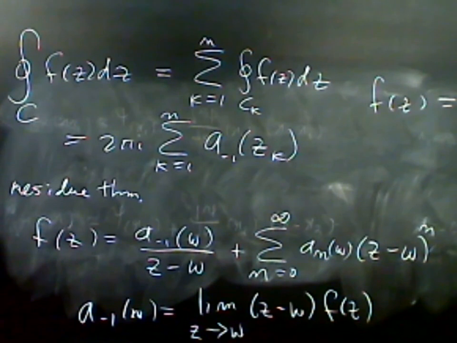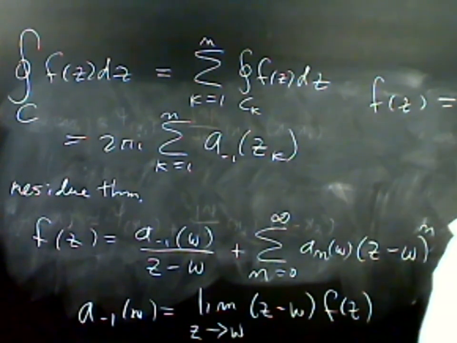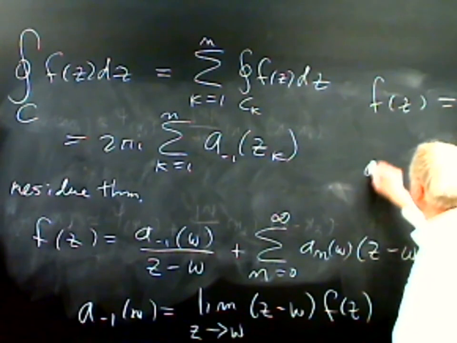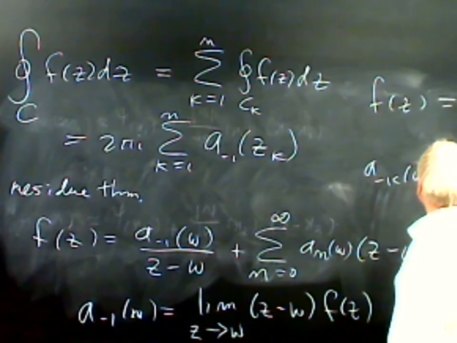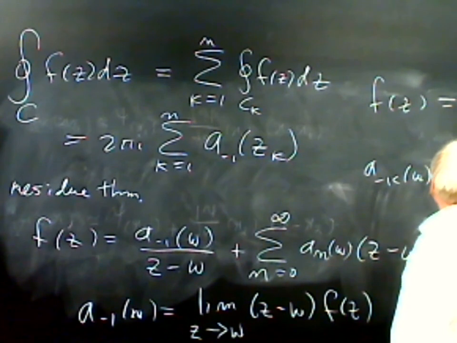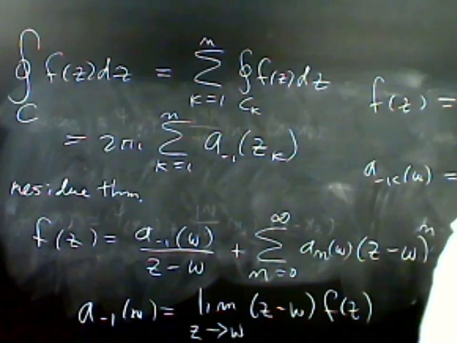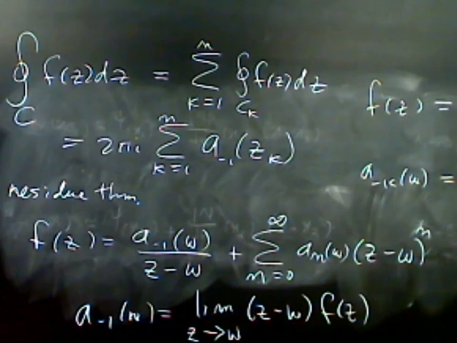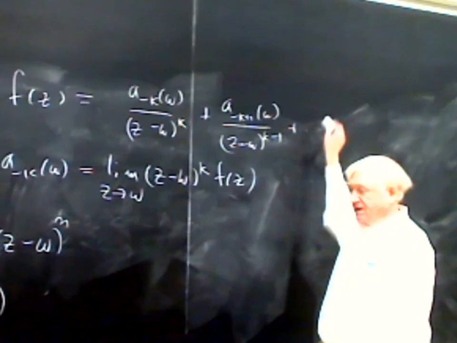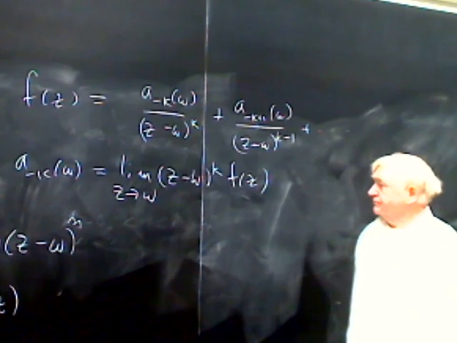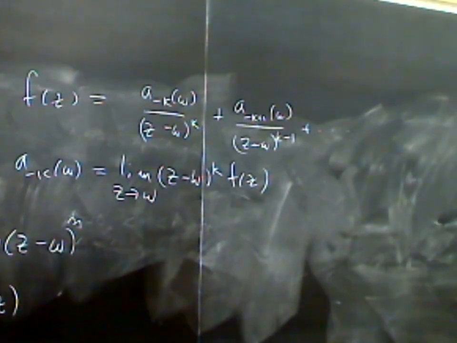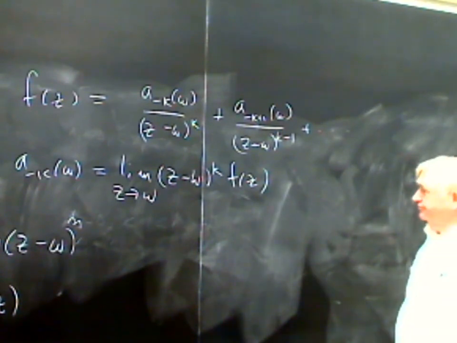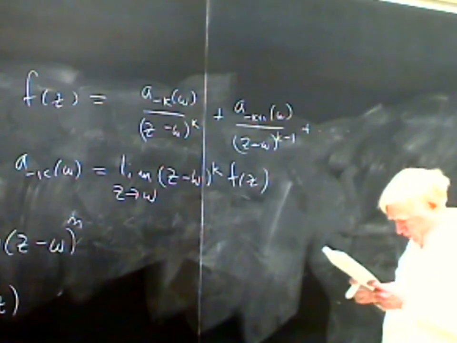Well, you can compute all of these by saying a_{-k}(w) is the limit as z goes to w of (z minus w)^k f(z), because you'll get 0 from all the other terms. And you can pick them off one after the other in that way.